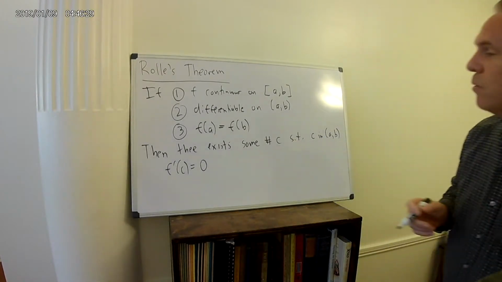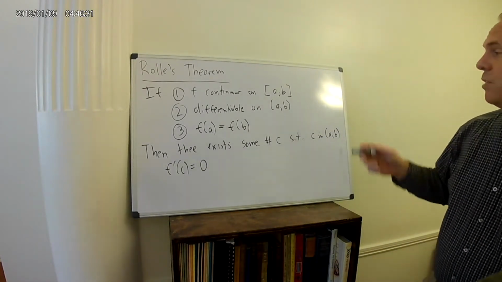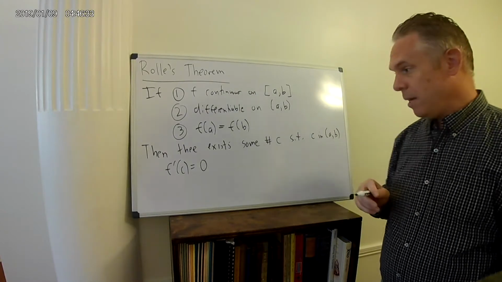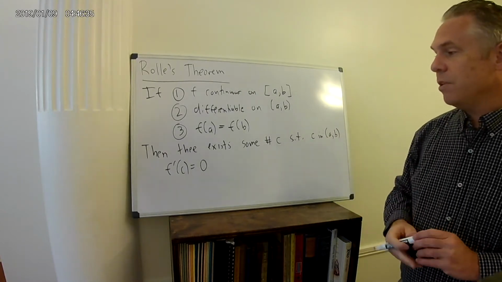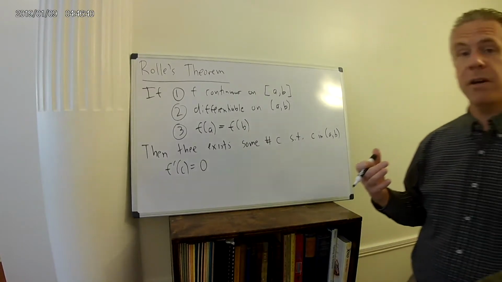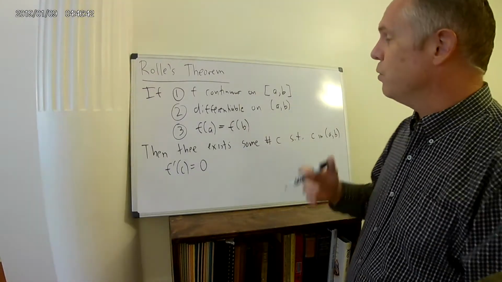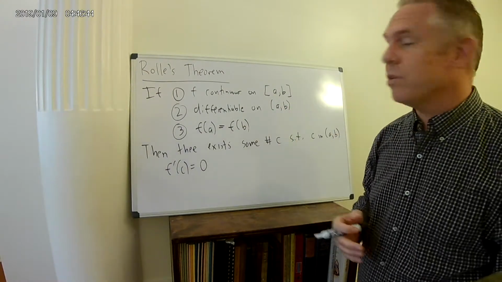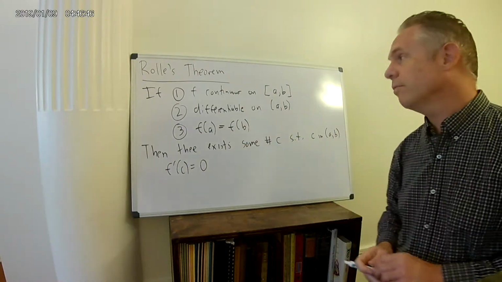So there exists some number c in the interval (a, b), basically a value of c between a and b, such that f prime of c equals 0, such that the derivative of the function at this number c between a and b, there's at least some number c such that the derivative equals 0.